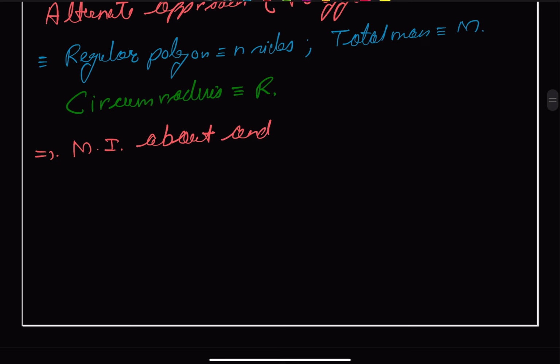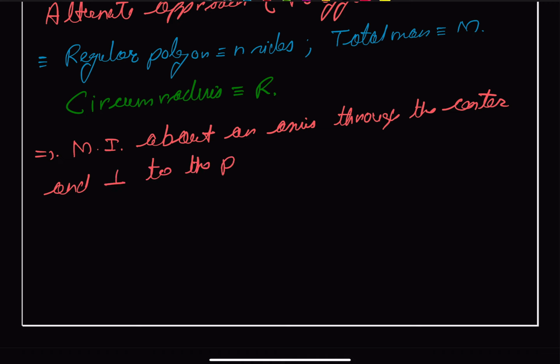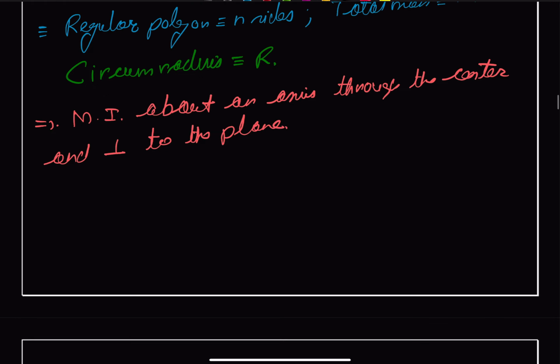Okay, so next is moment of inertia about an axis through the center and perpendicular to the plane, and that formula is I is equal to mr square divided by 3 times 1 plus twice cos of pi by n.